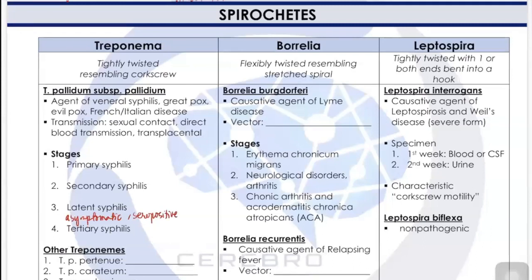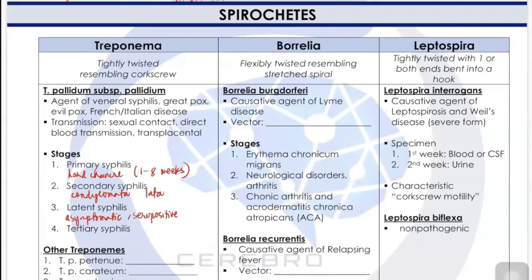For primary syphilis, this is characterized by a painless ulcer called a hard chancre, which could last for 1 to 8 weeks. Then for secondary syphilis, the characteristic ulceration is termed condylomata lata.